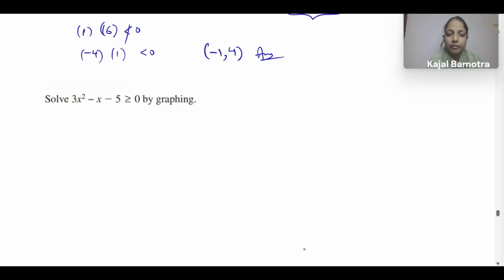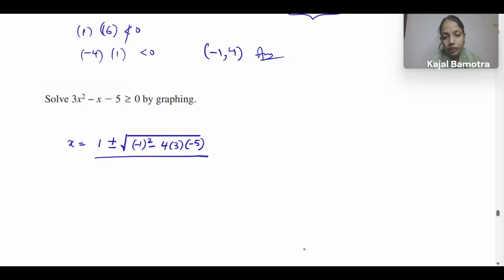I'm trying to calculate its factors. A direct integer factorization is not possible here, so let's use the quadratic formula. x equals negative negative 1, that is positive 1, plus or minus the square root of b squared minus 4ac, over 2 times a. 1 plus or minus the square root of 1 squared minus 4 times 3 times negative 5. 4 3s are 12, 12 5s are 60.